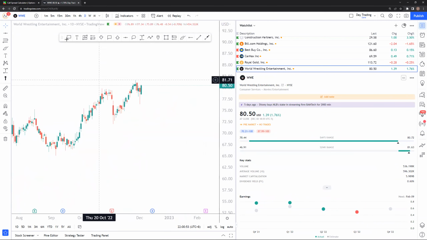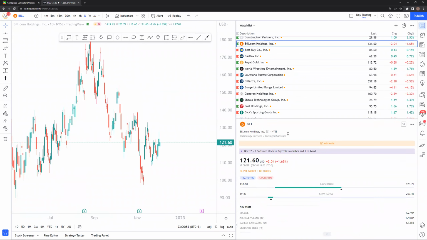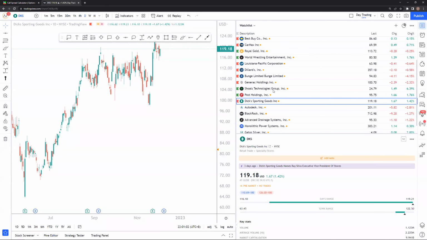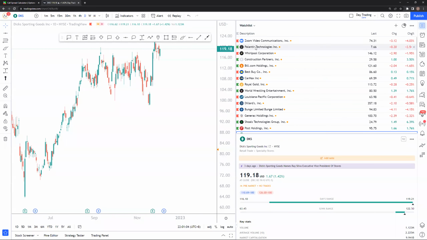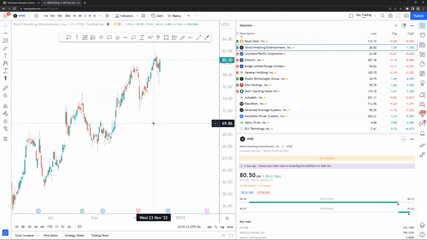Currently, there's no... Wait, it's already 10 p.m. This one got the pre-market price ready, but WWE doesn't have a pre-market price yet. Why did they drop pre-market a lot?